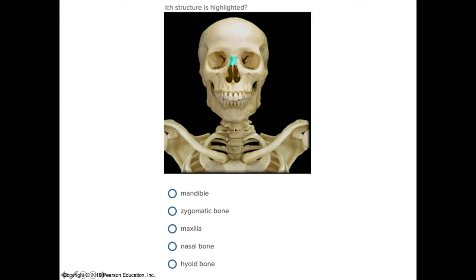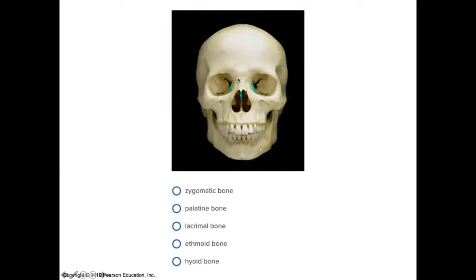Clavicle. Cervical vertebrae. Nasal septum, which is made up of a vomer and the perpendicular plate up here, which is part of the ethmoid bone. And then we have some concha in here. I'll show you what the concha are in a second.